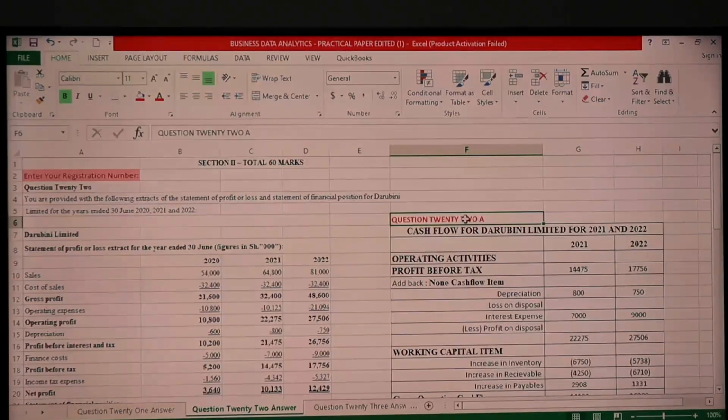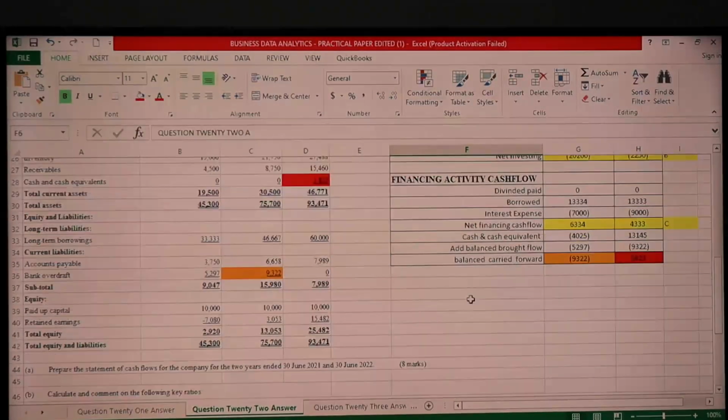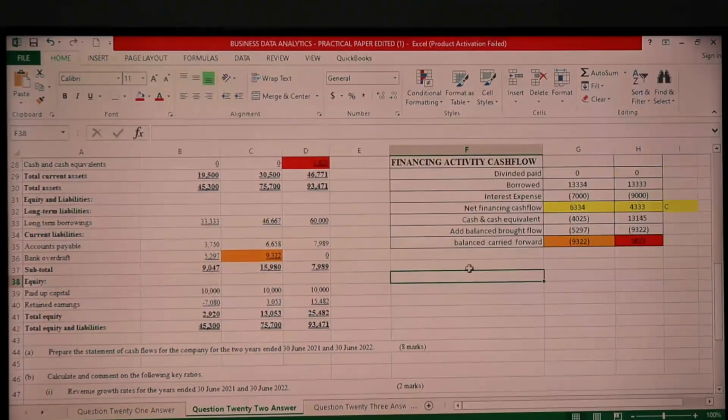Then from there, we are going to solve the next question. You can even do it down here, question 22b. So what are we supposed to compute here? First, the formulation of the worksheet, I told you, the examiner will not give you that. You're supposed to type it.